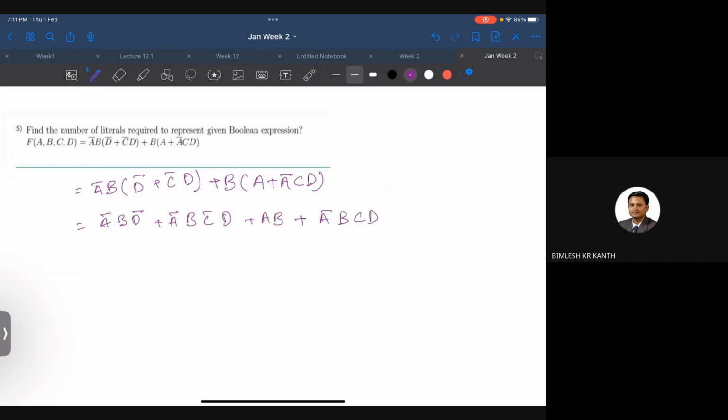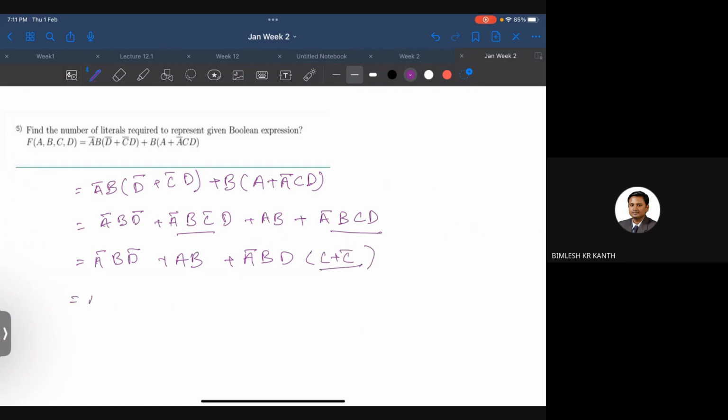Now we can see that in a bar b d, this and this we can take common. So a bar b d bar plus a b, we can take common a bar b d times c plus c bar. C plus c bar will be 1, right?